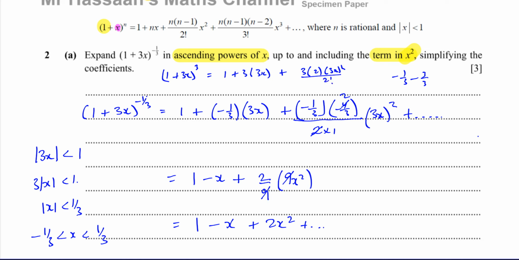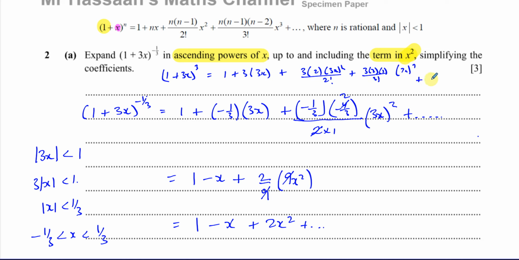If you carried it on, I'm showing you what happens when you have a positive integer here. You have 3 times 2 times 1, n times n minus 1 times n minus 2 over 3 factorial, times 3x, and that's going to be cubed.